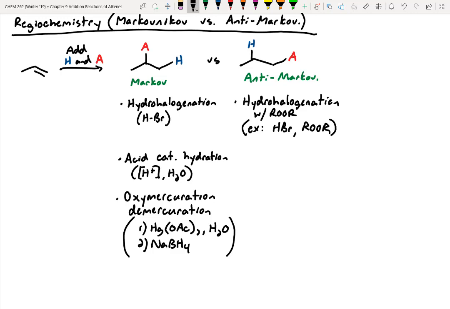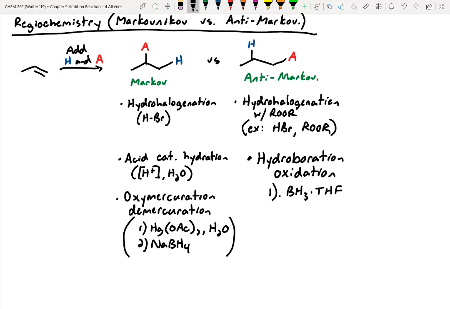All right, if we want the anti-Markovnikov alcohol, we have to use hydroboration oxidation. If you remember, we use BH3 coupled to some sort of solvent, THF.